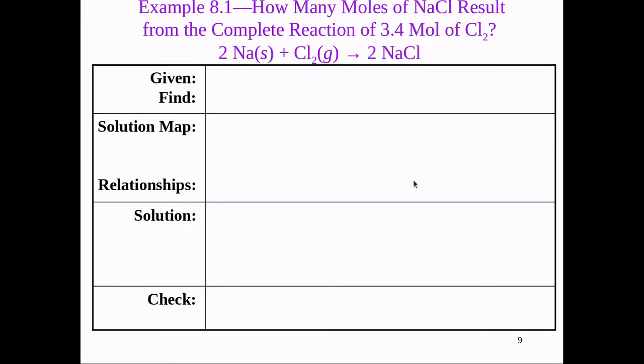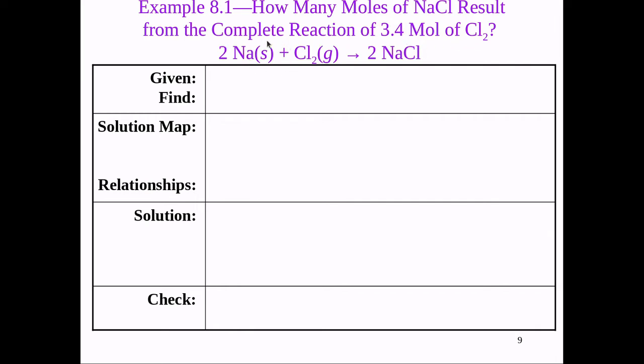Since we know that, let's take a look at an example. What if I asked you how many moles of NaCl result from the complete reaction of 3.4 moles of chlorine gas? I am going to put the caveat on here, we're going to learn later, part of the trick to this is that we're saying the complete reaction.